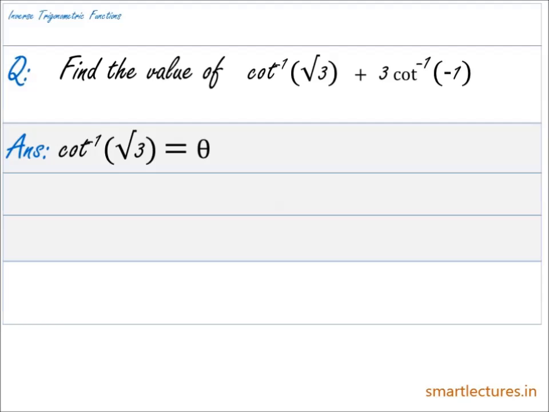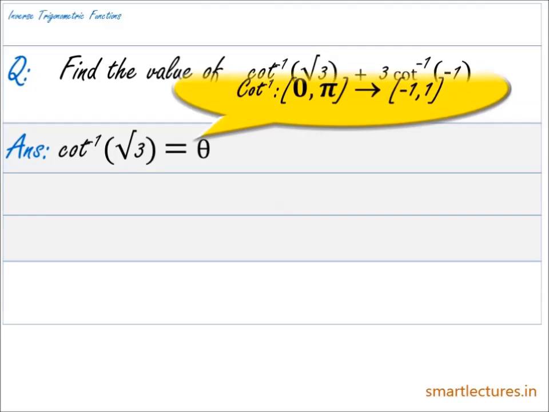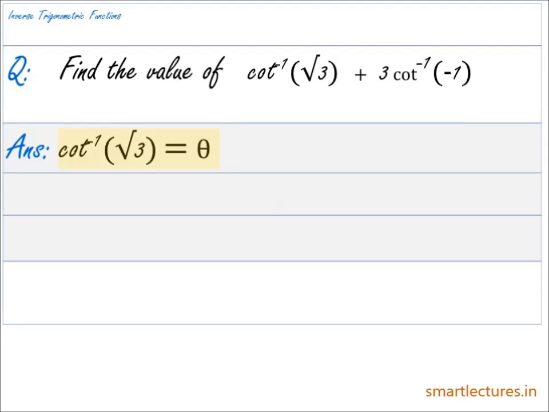We have already studied that the theta in cot inverse function is defined from 0 to pi. Now cot inverse under root 3 is equal to theta, which means theta is the angle cotangent of which is equal to under root 3.